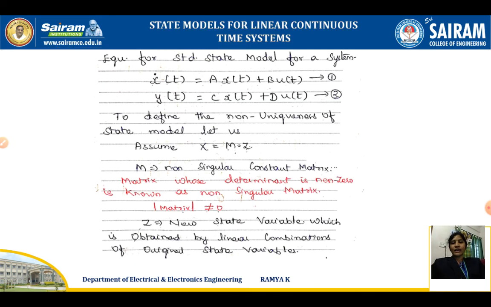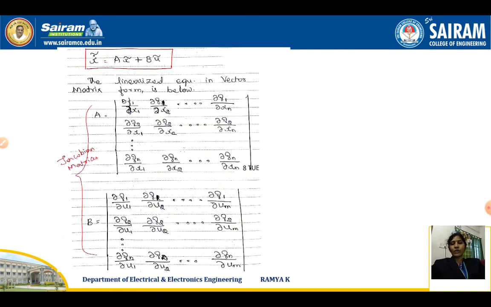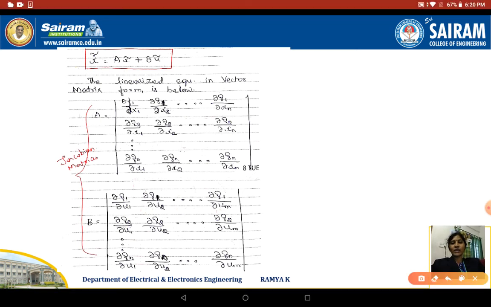So once the system is completely linearized, we can write the state equation and output equation as x dot of t is equal to Ax of t plus Bu of t. Therefore, the linearized vector in matrix form is written as the A matrix. A is a function of x, right?